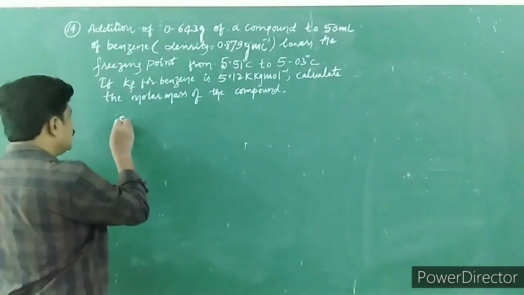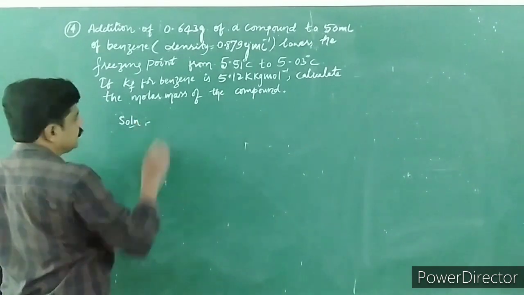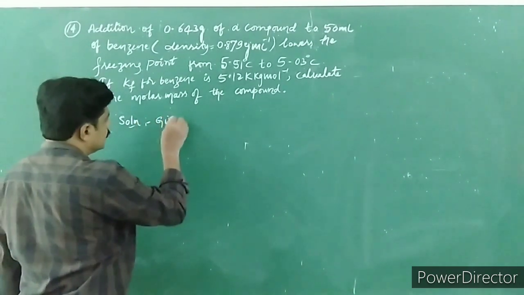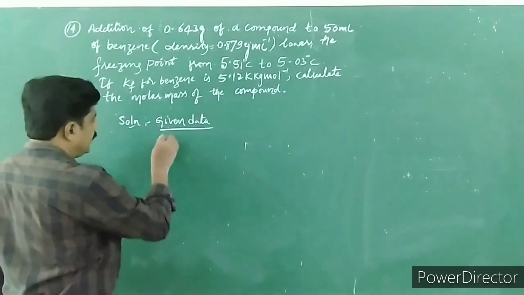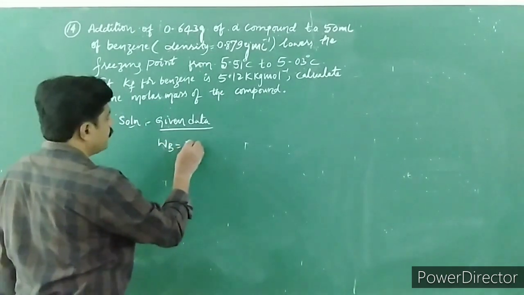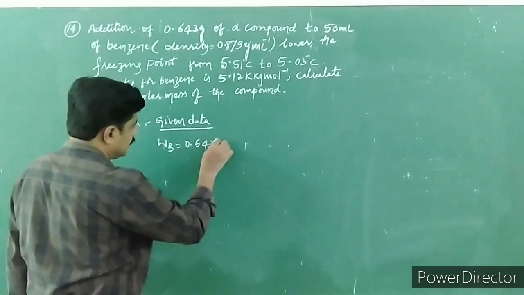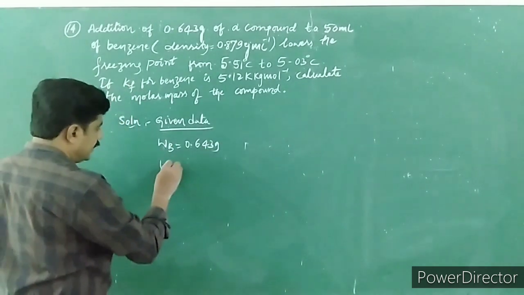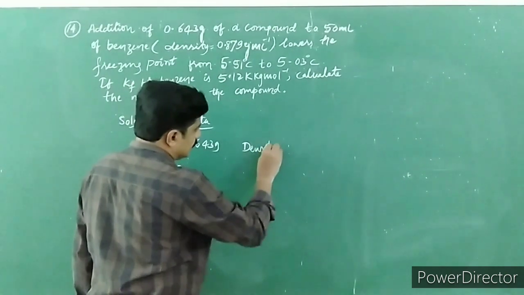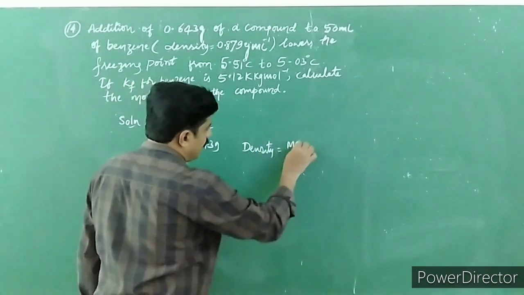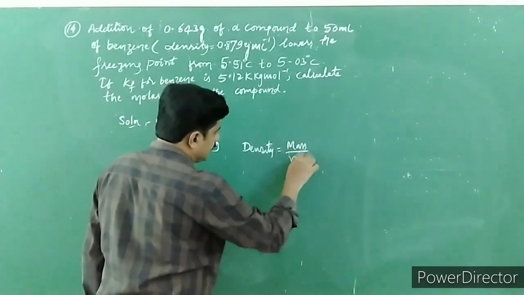Let me solve. Solution. Given data. Wb is given how much? It is equal to 0.643 grams. Now Wa. Now you know this, density is equal to mass by volume, is it not?